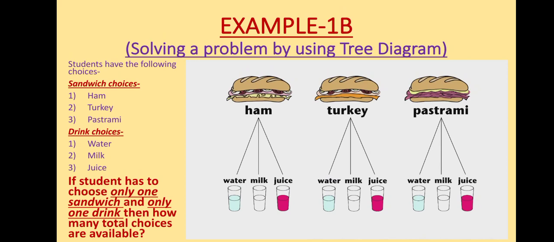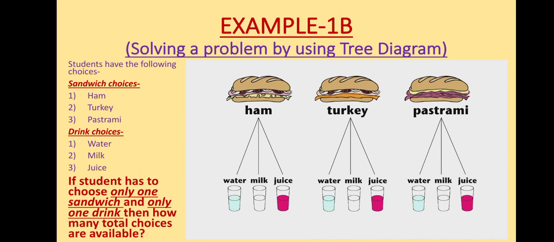So ham, below ham you will write the three drink choices water, milk, juice in the form of branches. Below turkey also you will write all three drink choices, and below pastrami also you will write all three drink choices.